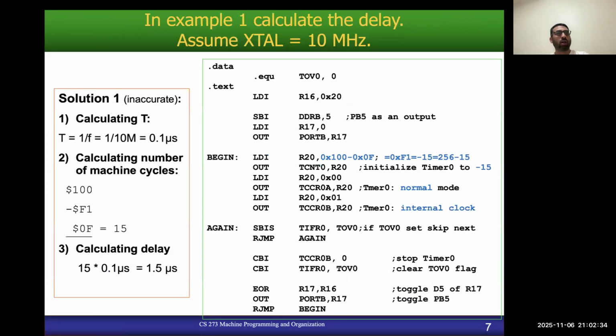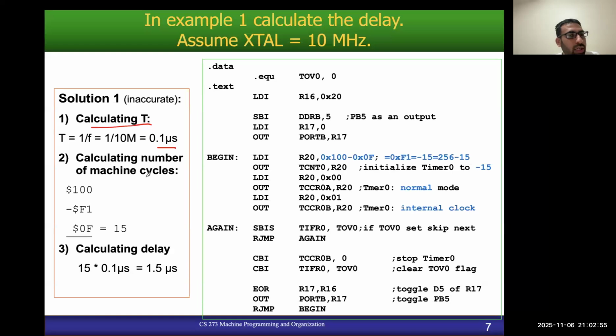Let's say now we want to calculate in this example what delay will be generated, and we are assuming that the clock frequency is 10 megahertz. First, you need to calculate the time period T, which is 1 over f, 1 by 10, equal to 0.1 microsecond.